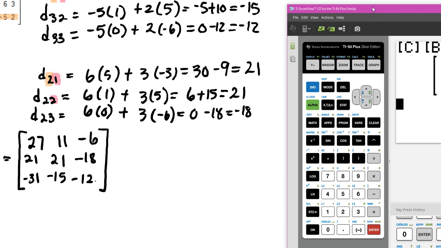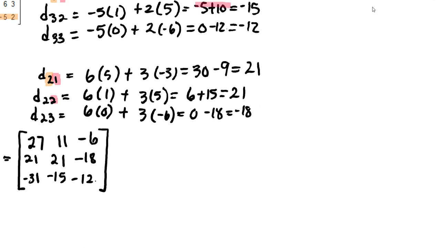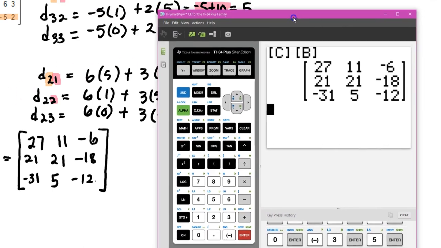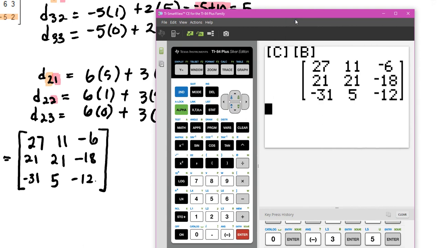And I can see my mistake right now. -5 plus 10 is not -15. So let's correct that. -5 plus 10 is 5. So this entry should be a 5. Okay, looks great.